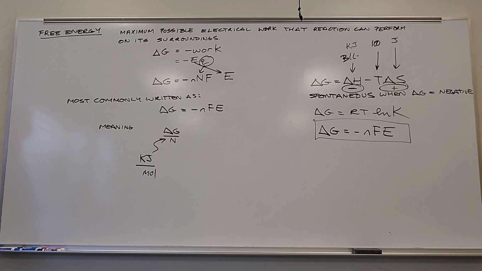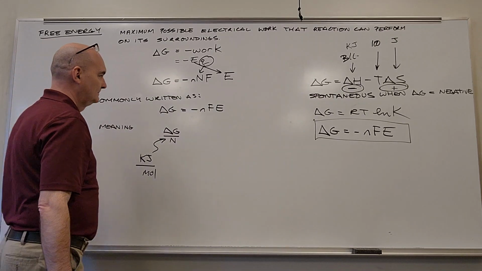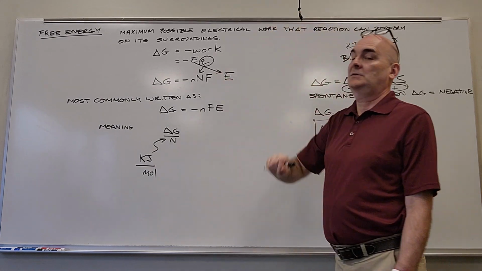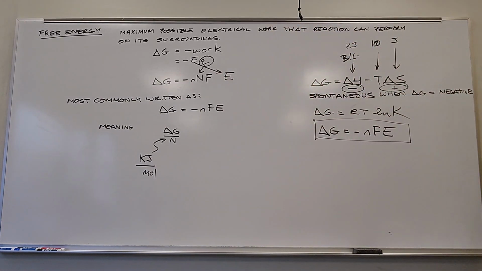That's where the big E comes. This is how our book has it: delta G equals negative nFE. That is not what we learned in general chemistry.